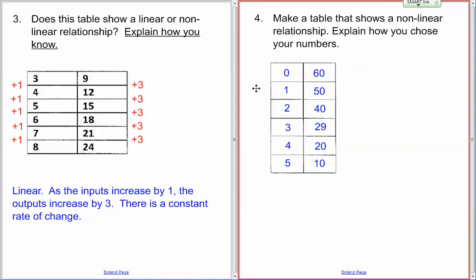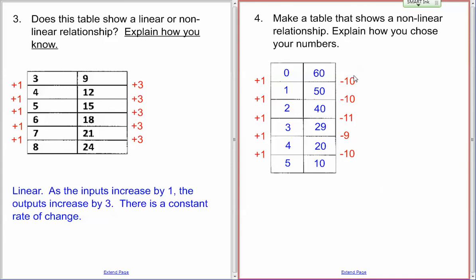On number 4, it says make a table that shows a nonlinear relationship and explain how you chose your numbers. Well, you can see here that I've put some numbers in already. Yours could be completely different, but I showed that my inputs are going up by 1, but then I made sure that there was no constant rate of change for my outputs.